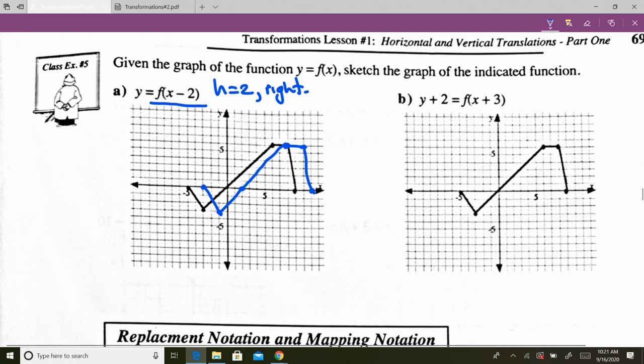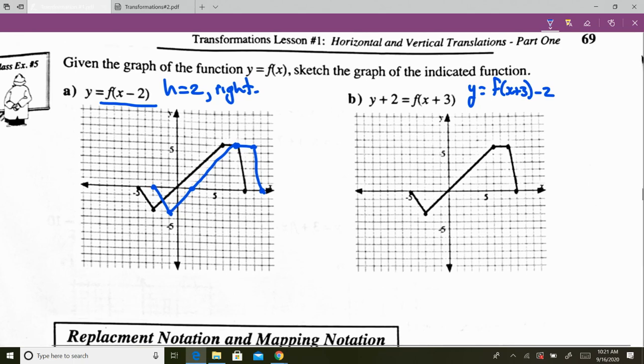Okay, B. What do we want to do first? Move over the 2. So we get f of x plus 3 minus 2. So what have we done? What movements have we done?